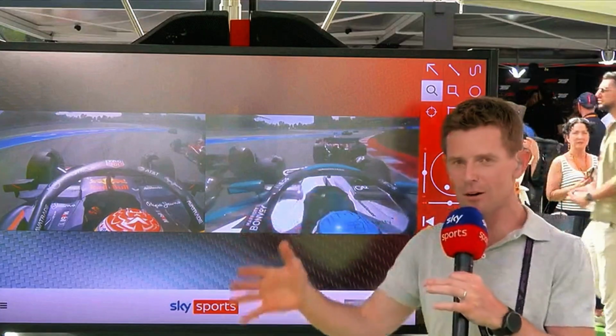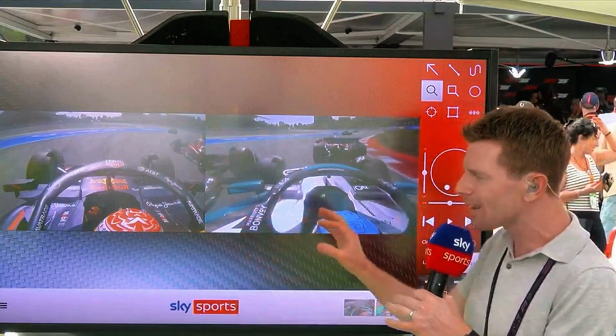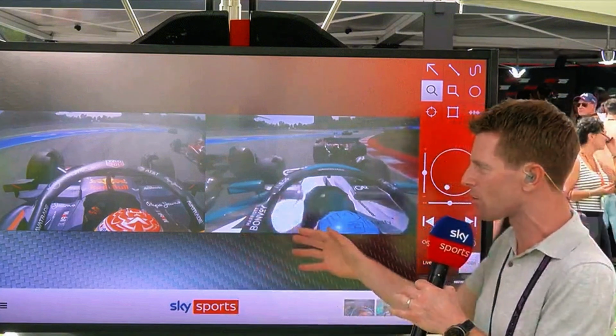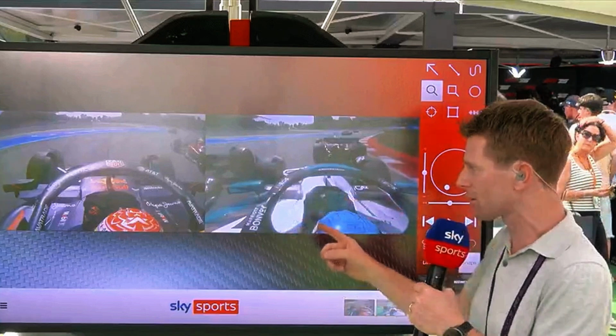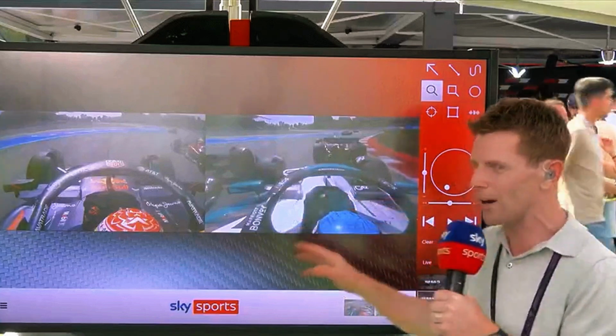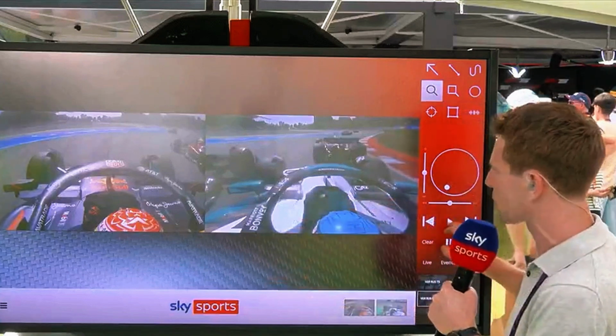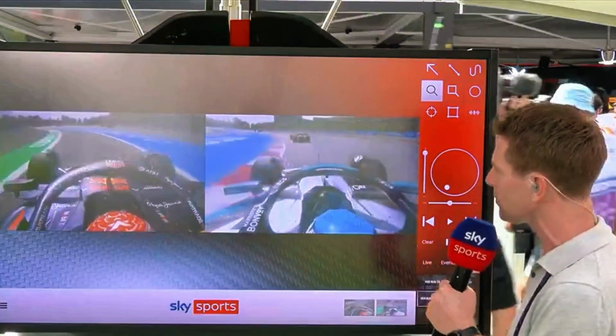So Russell did have the right to be there. You don't have the right to hit somebody off the track. So that's where you're in a bit of a grey area. In one rule, you've hit the marks, but the next one, not quite in control of the vehicle at all times, and that's what Verstappen was annoyed about.